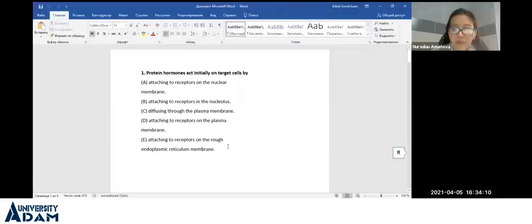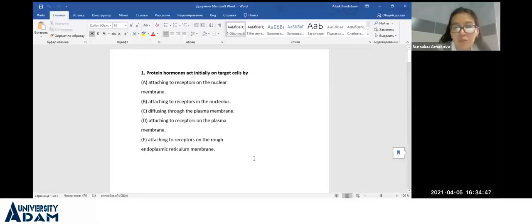Okay. First question. I read, and if you know, you can answer. Protein hormones act initially on target cells by: A, attaching to receptors on the nuclear membrane; B, attaching to receptors in the nucleus; C, diffusing through the plasma membrane; D, attaching to receptors on the plasma membrane; E, attaching to receptors on the rough endoplasmic reticulum membrane.